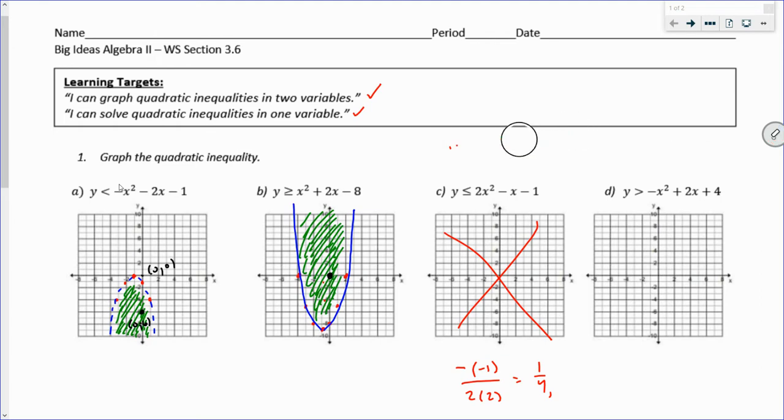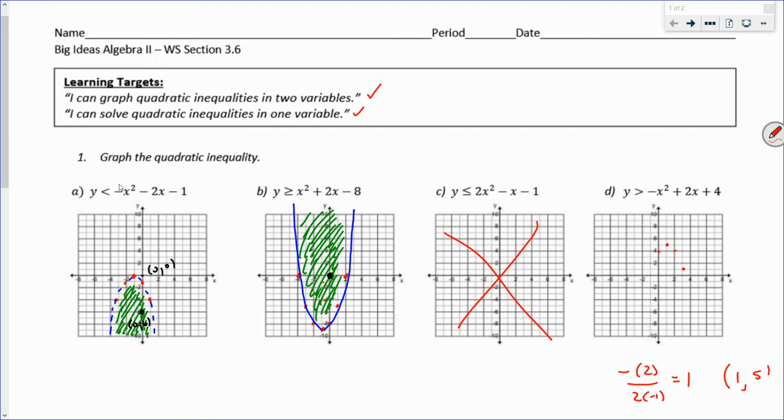Okay, so going on to the next one, negative b over 2a. And then if we put in a vertex, we're going to get 1, comma, negative 5, and a y-intercept of 4. 1, 2, 3, 4.